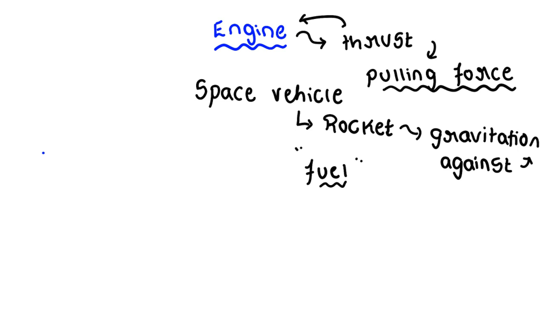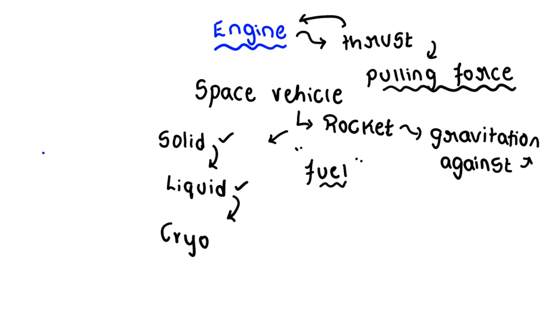Clear? So in the same way, rocket engines actually developed or moved from the solid stage to liquid stage, means we generally use solid propellants, means fuels, liquid propellants means fuels, and after that it is cryogenic.